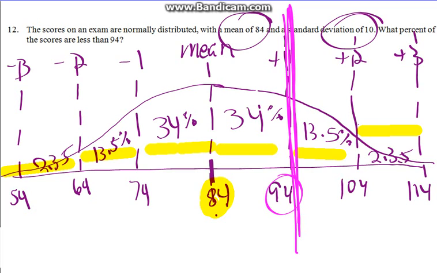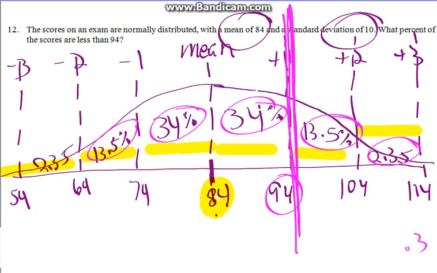So because we didn't account for that 0.3% that's missing out of our percentages here, we can't just add 2.35, 13.5, 34, and 34. We can't do that because there's that portion that's missing that we can't say what it is or what it isn't. It's just not there, so we can't say it's distributed evenly.